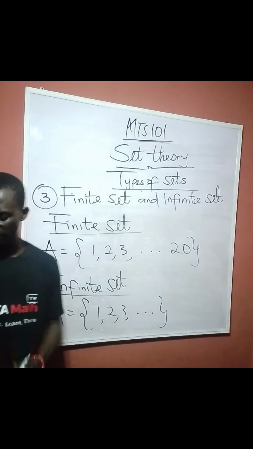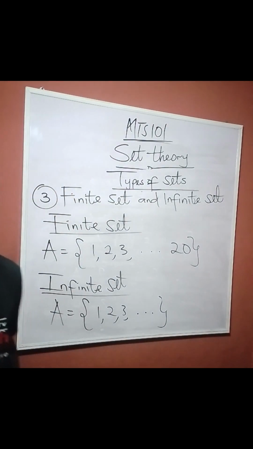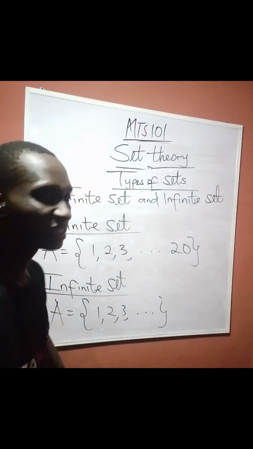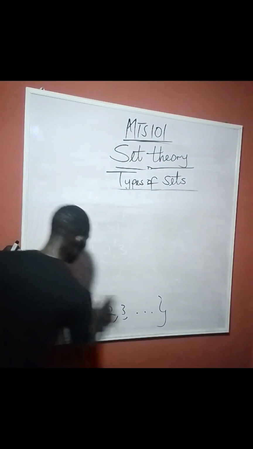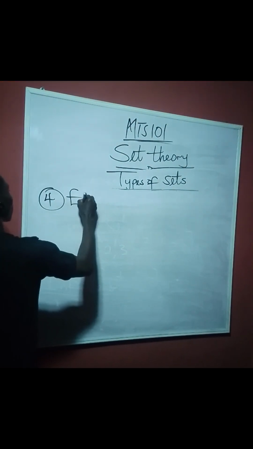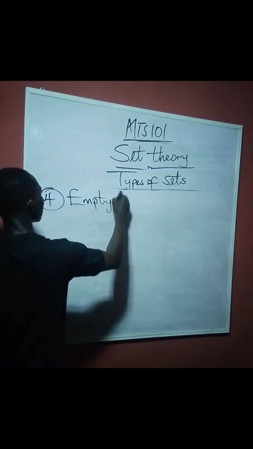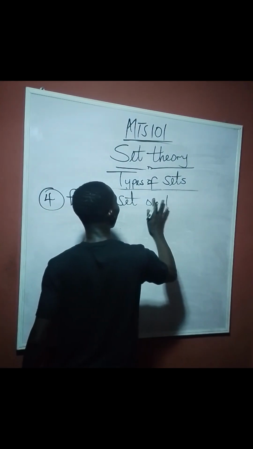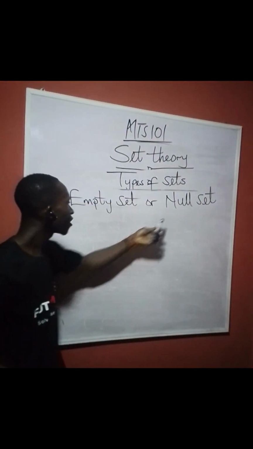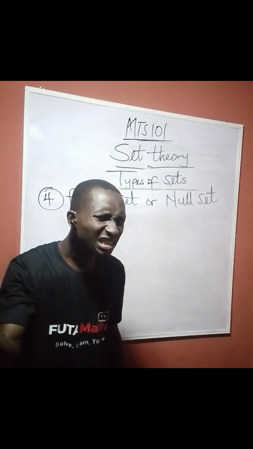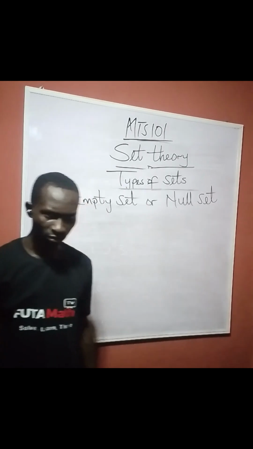Great. Now, another type of set we want to move to is what we call an empty set or a null set. What do we mean by an empty set or a null set? It means a set that contains no element.